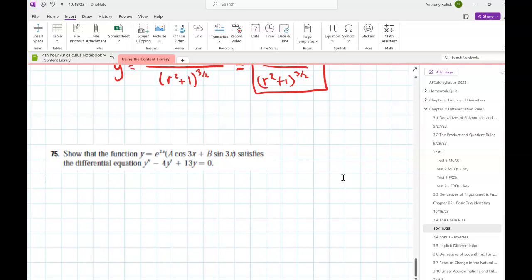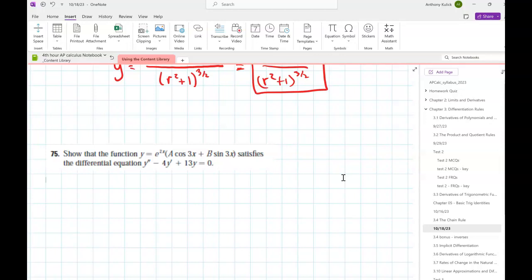But it was a good one because, by the time you're done, you really understood what the heck was going on, because there's a lot of stuff here. So it says, show that the function y equals yada yada yada satisfies the differential equation y double prime minus 4y prime plus 13y equals 0.